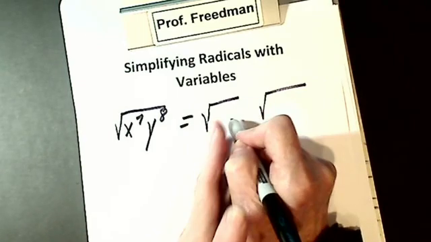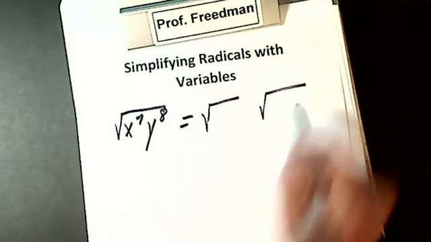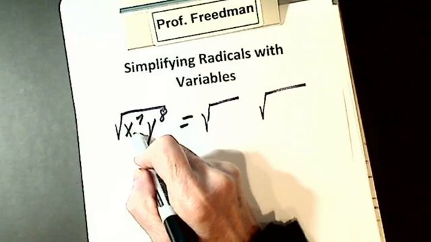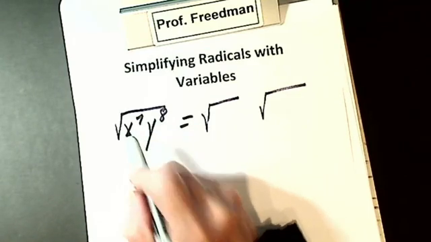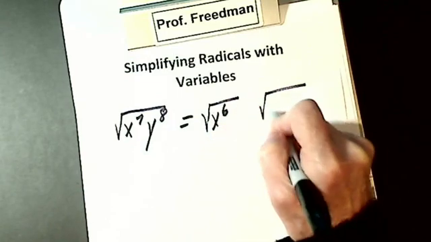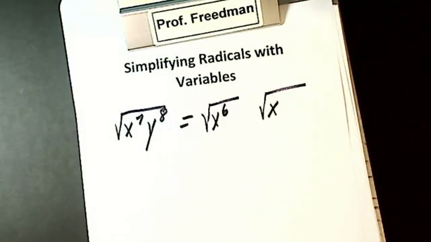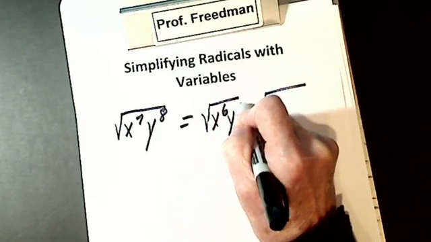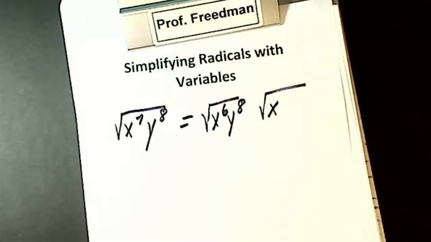I want everything I can take the square root of here. This is my leftover. Remember, I can take the square root of even exponents evenly. This is odd. Odd, I break down. So this is going to be to the highest even and 1. This is even. Even stays.